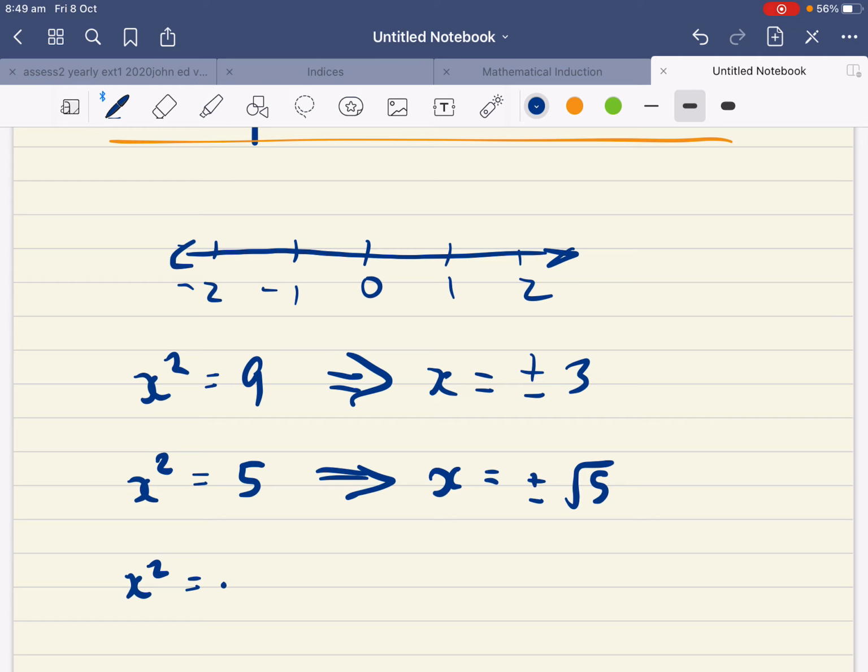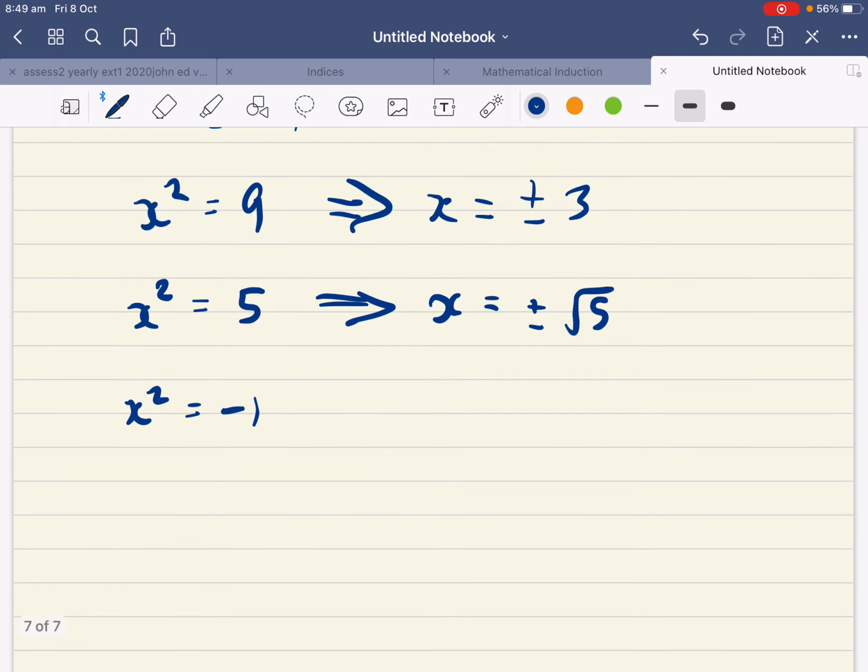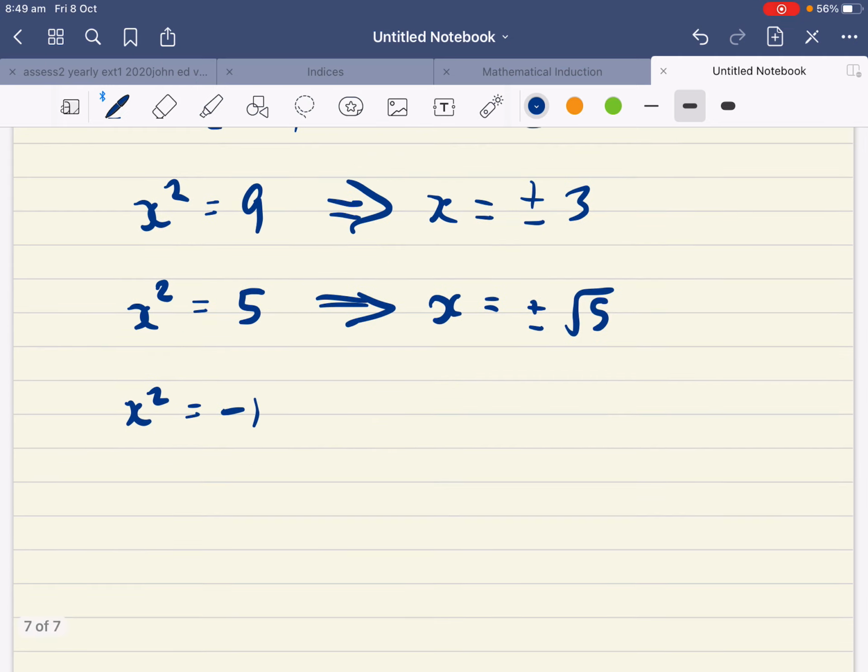If, for example, I asked you to solve this equation, every single person, including those doing the Extension 1 course, would look at that and say, hey, there are no solutions. Or what you often hear teachers say is there are no real solutions.